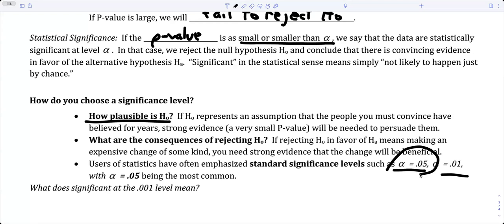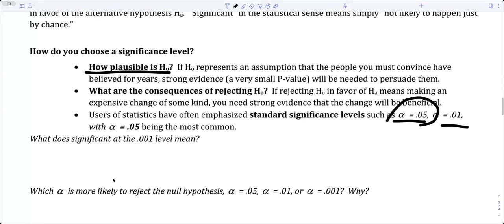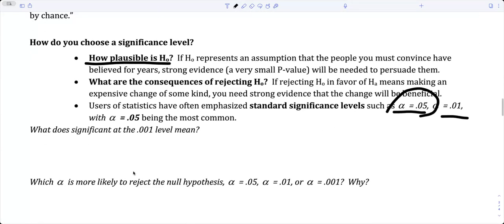So let's answer these 2 questions here. It says, what does significant at the 0.001 level mean?